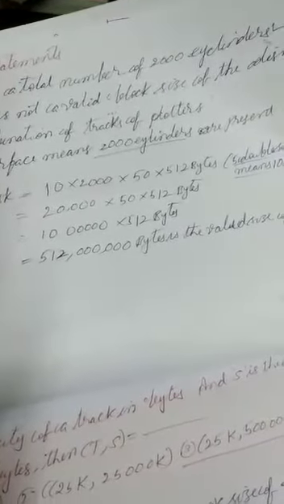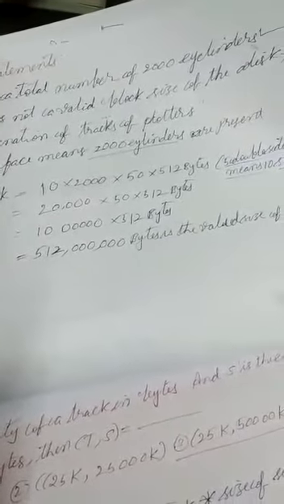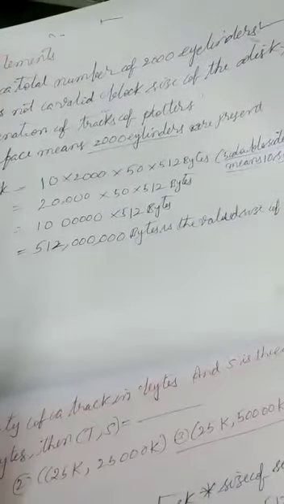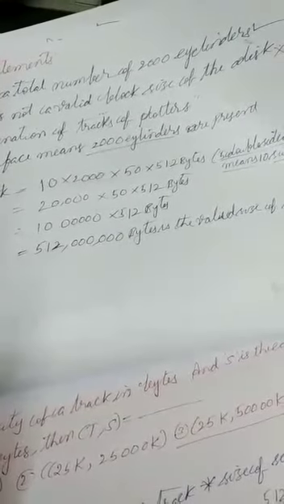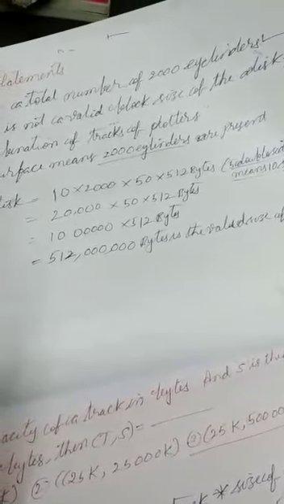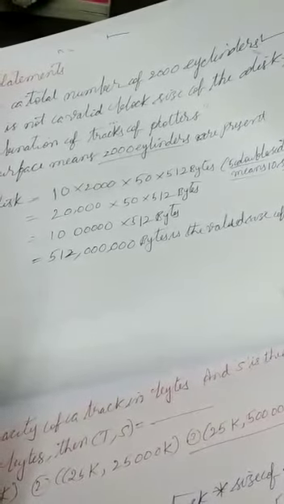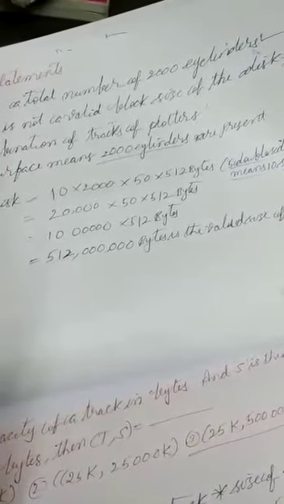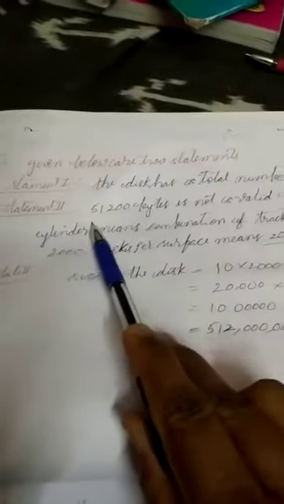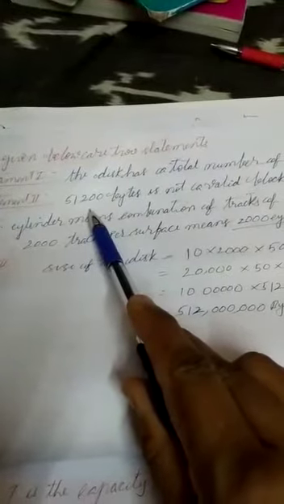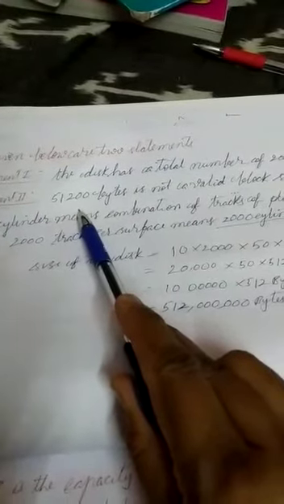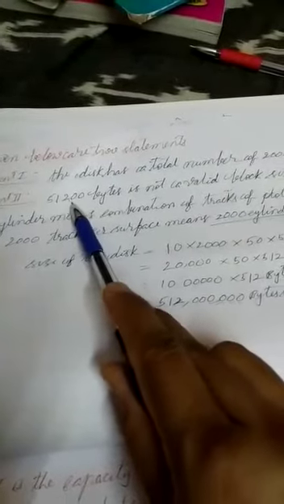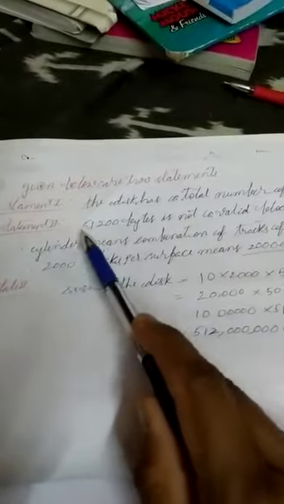In the question itself, it is given that the smallest valid block size is the sector. What is the size of the sector? 512 bytes. Yes, statement 2 is also right, because the valid block size in which we can store data is 512 bytes. This is wrong. Okay. Statement 1 and statement 2 both are right.